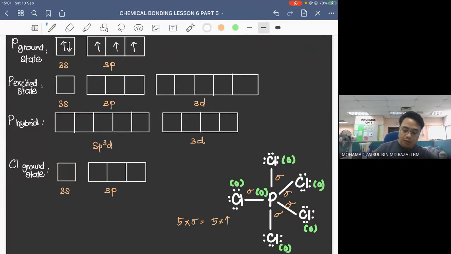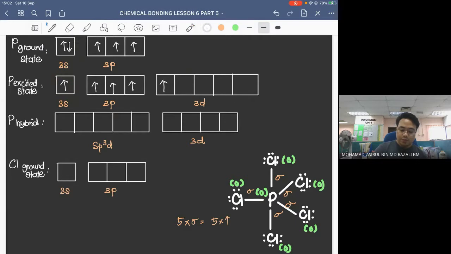So now the 3s only has one electron. The 3p has 3 unpaired electrons, and the 3d has 1 unpaired electron. So now you have 5 unpaired electrons, so we can form the hybrid. Since the hybrid around the central atom phosphorus is sp³d hybrid, that means we need to mix 1 s orbital, 3 p orbitals, and 1 d orbital to form sp³d.